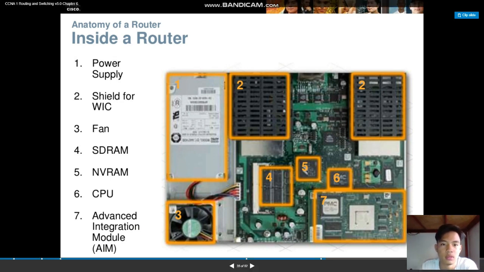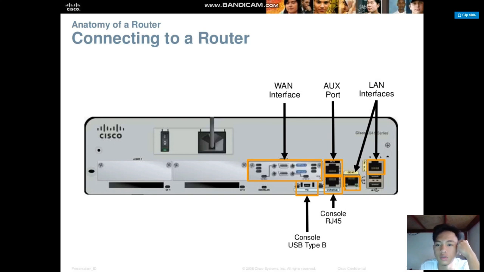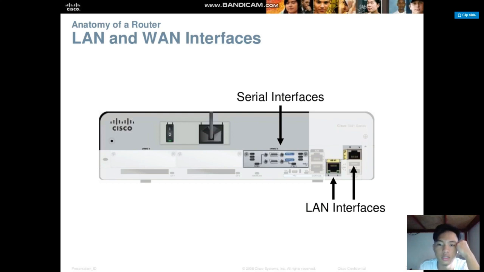We have the power supply, shield for WIC, the fan, the SDRAM, NVRAM, CPU, and advanced integration module. This is the backplane of a router. We have different ports: the AUX port, LAN interface, console RJ45, and console USB Type B. It also has the serial interfaces and the LAN interface.